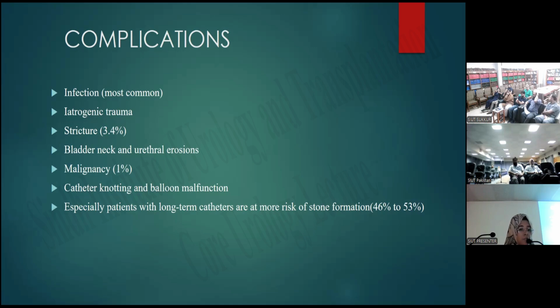Strictures can be present in 3.4% of cases, and bladder neck and urethral erosion. It can lead to iatrogenic hypospadias, and the associated complication of malignancy is reported in very few cases, and it's usually noticed in patients with spinal cord injuries who are on prolonged catheterization.